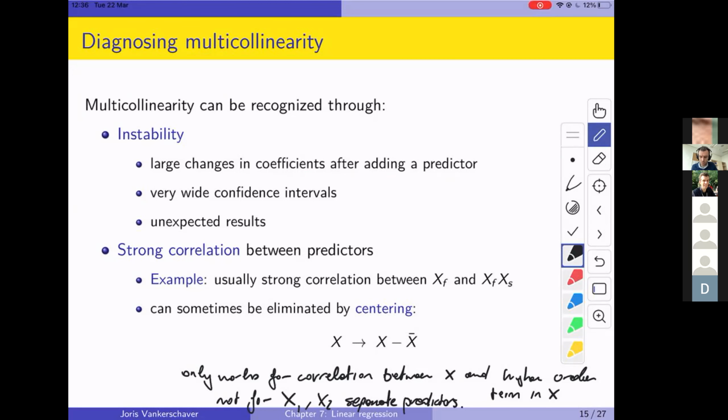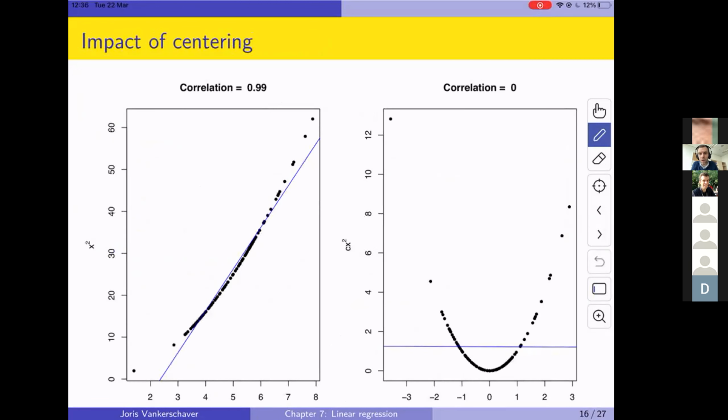In order to understand what that centering does, let's have a look at a couple of plots. Here we have scatter plots between x and x squared for a certain range. As you can see, the correlation is very strong here. It's almost one, almost perfect correlation.